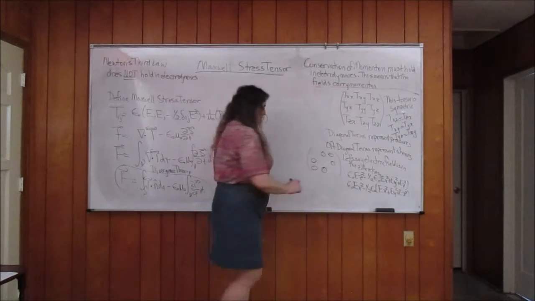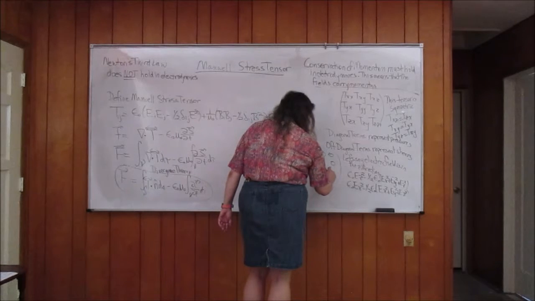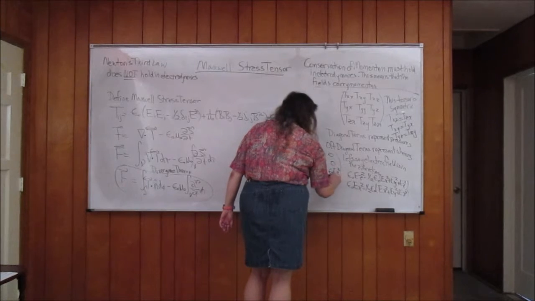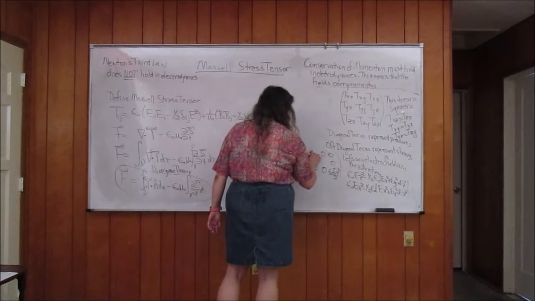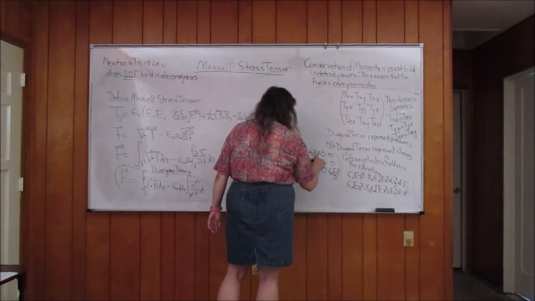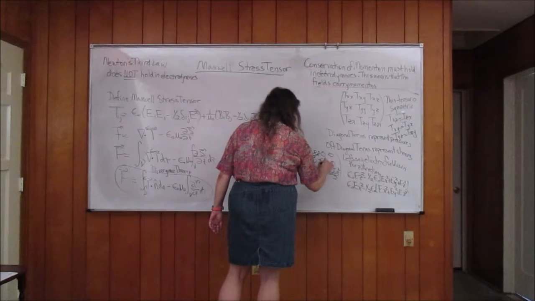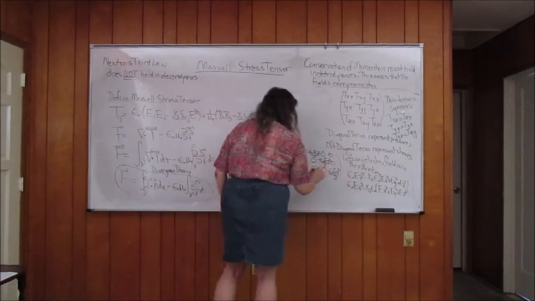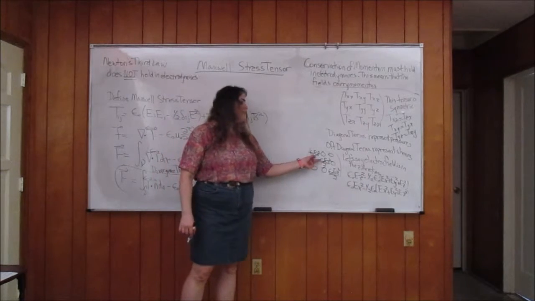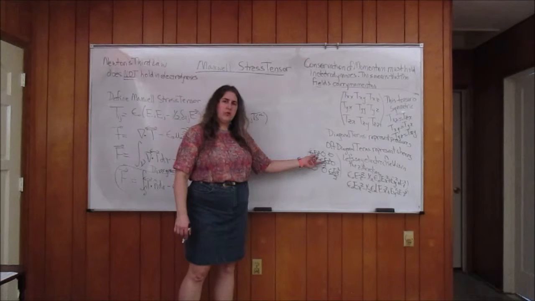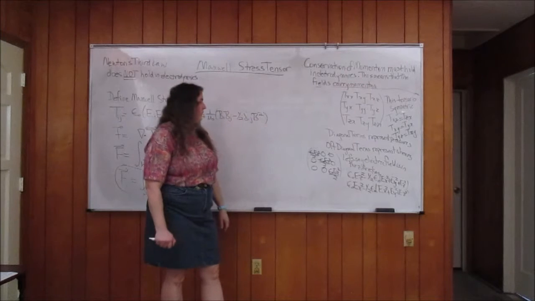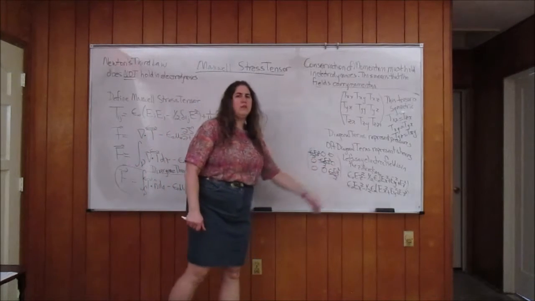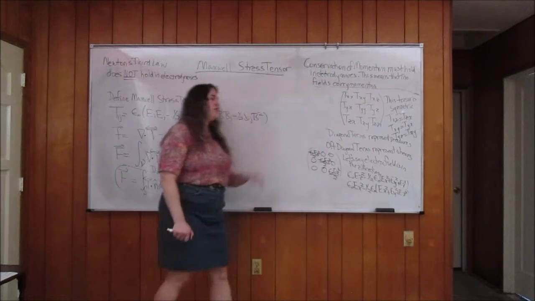So that means your last term in the expression is going to have the value epsilon naught Ez squared over 2. And these two first ones are going to have the opposite sign. These two terms give you the elements of the stress perpendicular to the electric field, and this final element gives you the element parallel to the electric field. Notice these two carry minus signs and this carries a positive sign.